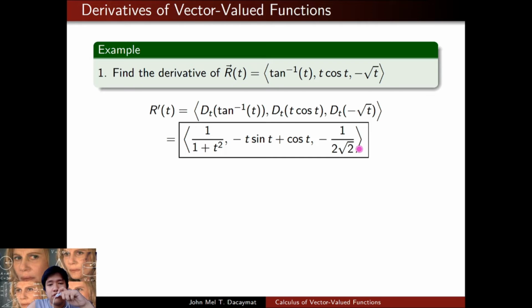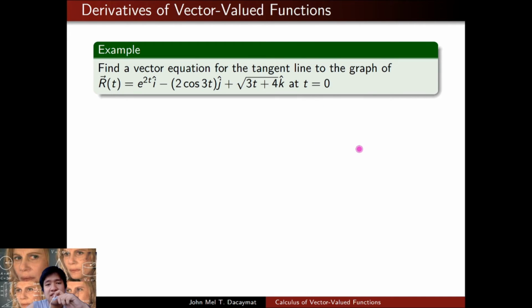Okay? Good. Now let's try more on the application side, no? So we need to find a vector equation for the tangent line to the graph of this vector valued function at t equals 0. So yun nga, sabi natin, the direction vector of the tangent line at t equals a is r prime of a.